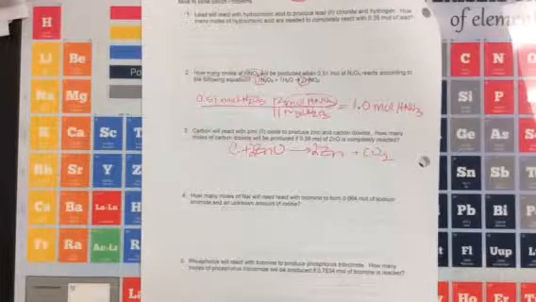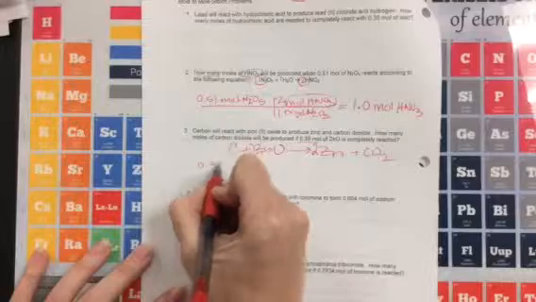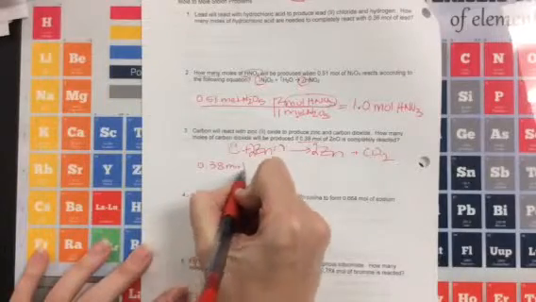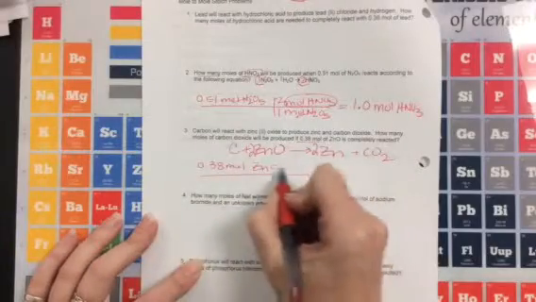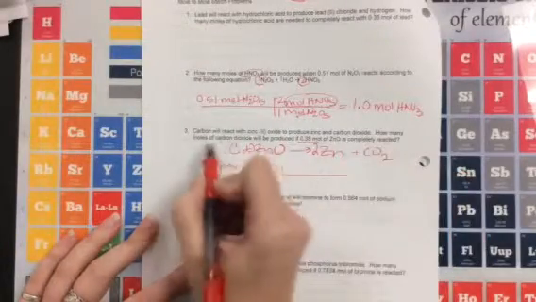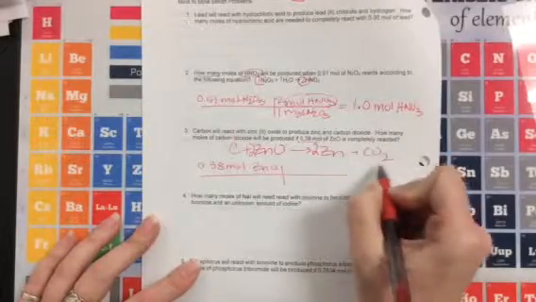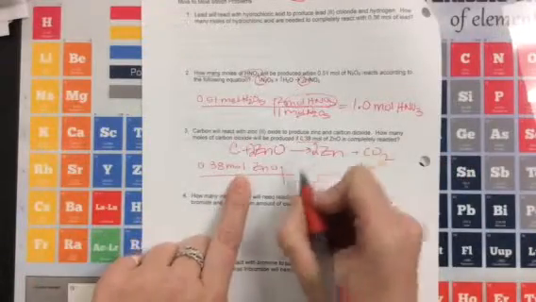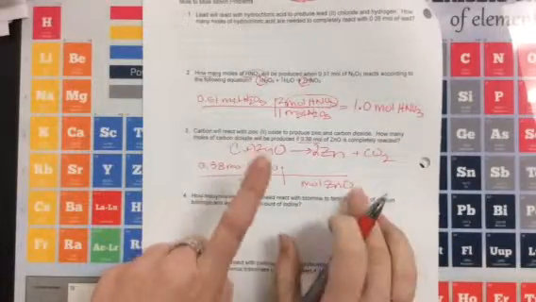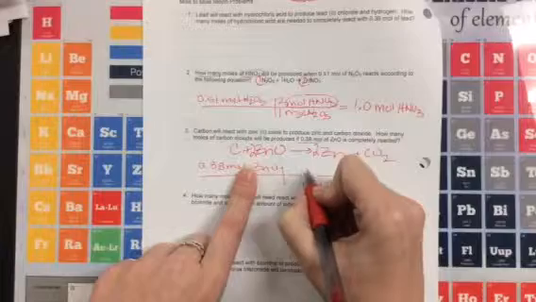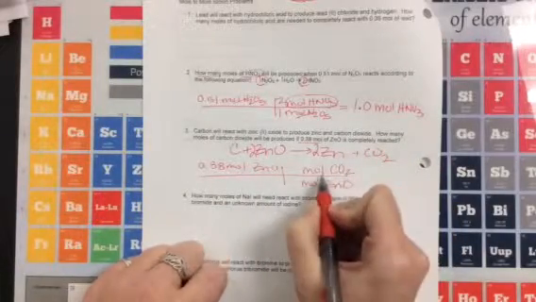So now to do this problem, we start with the number that's given in our question, which is 0.38 moles of your zinc 2 oxide. We want to know how many moles of carbon dioxide are produced. So this guy down here. So moles of the ZnO go in the bottom because top and bottom cancel. Moles of what we want to go to goes on top, so right there.